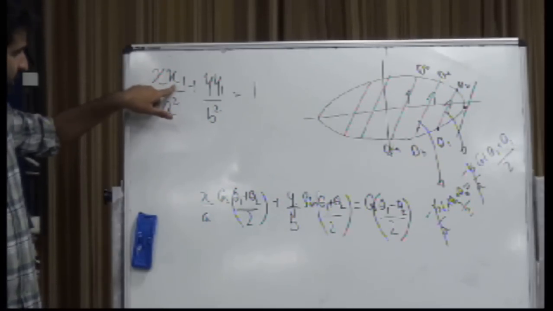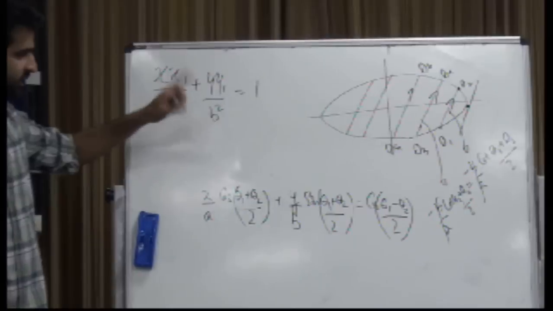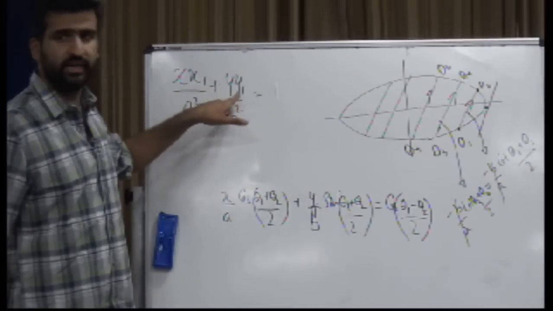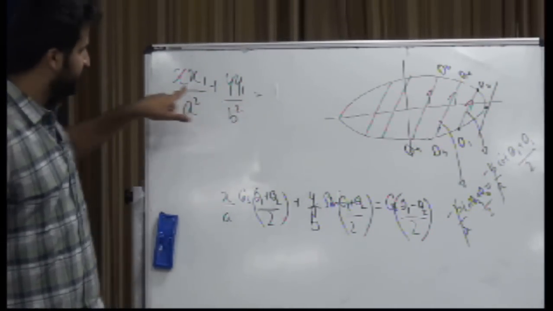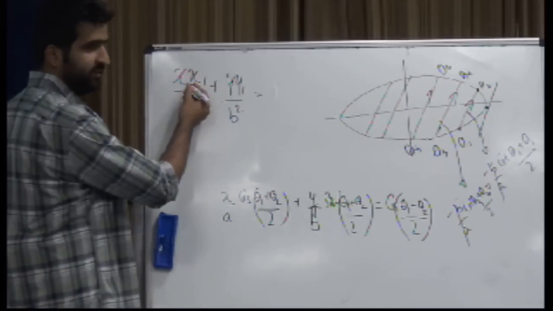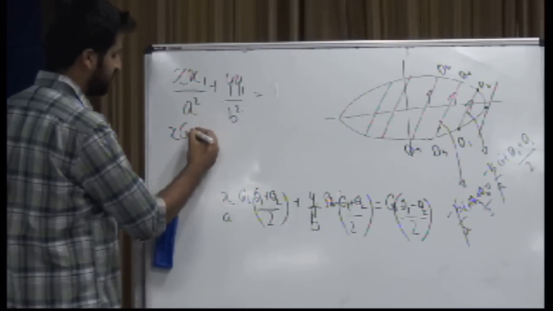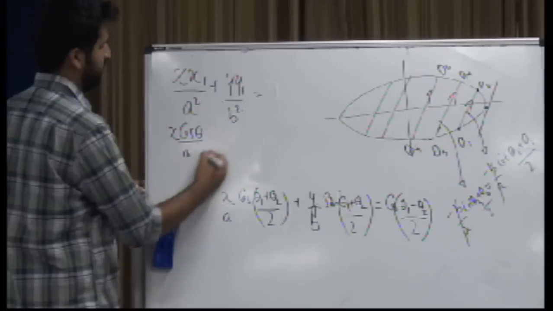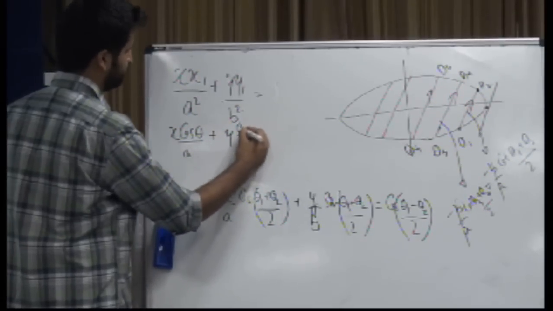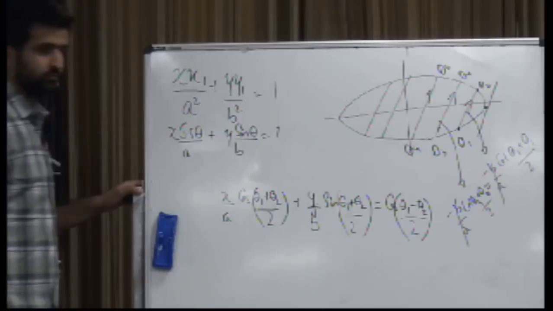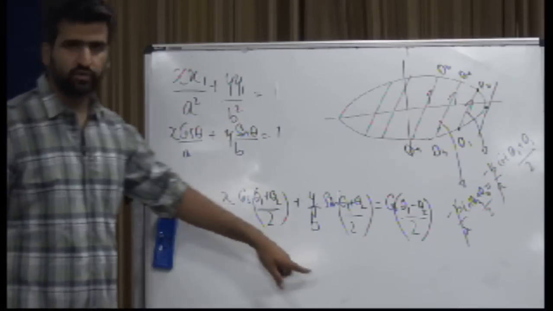Now see, x1 can be put as a cos theta, and y1 can be b sin theta. So if you put these values, what will you get? You will get x cos theta by a plus y sin theta by b is equal to 1. So this will be the limiting case of a chord.